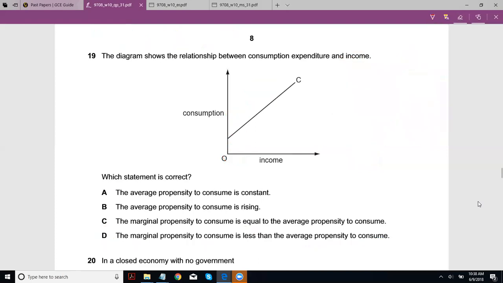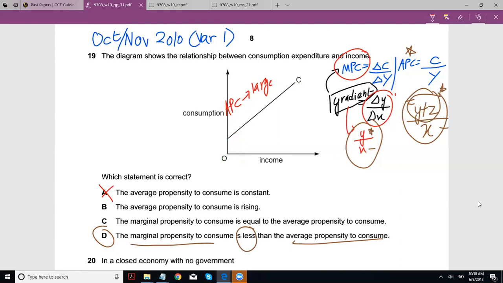It would be constant if it was a straight line passing through the origin, though, because then no matter which point you look at, the increase in consumption is the same proportion of the increase in income, so it remains the same. And by that logic, we've already established how APC is decreasing, so it's obviously not rising. And another thing, if you look at this curve C1 that I've drawn, for this, the MPC would be equal to your APC. That is something one should know.